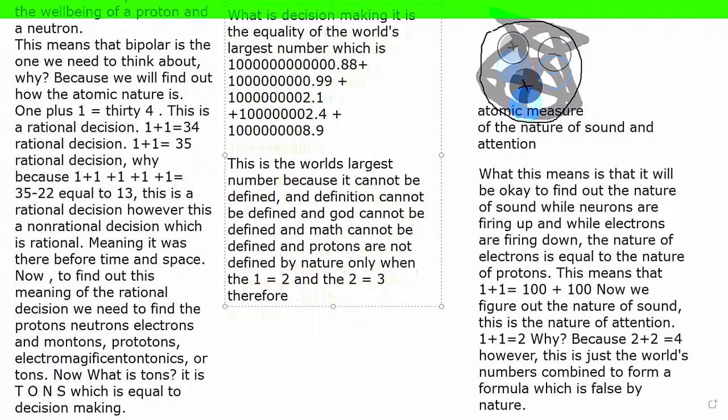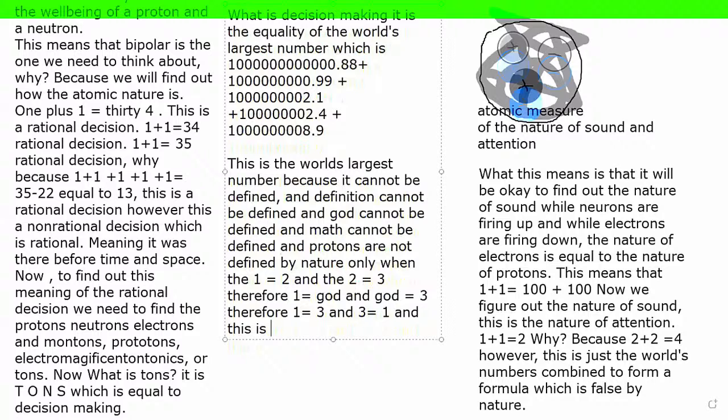Therefore, 1 is equal to God, and God is equal to 3. Therefore, 1 is equal to 3, and 3 is equal to 1. And this is the thing, this is the one we need to make sure of: what is 1 and what is 3.